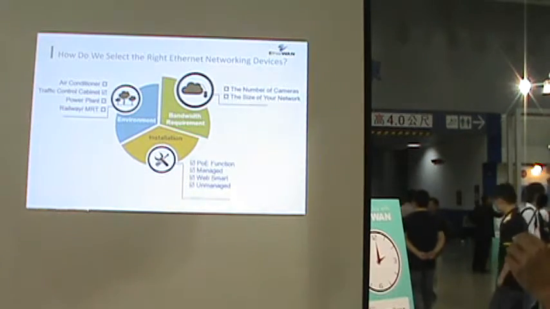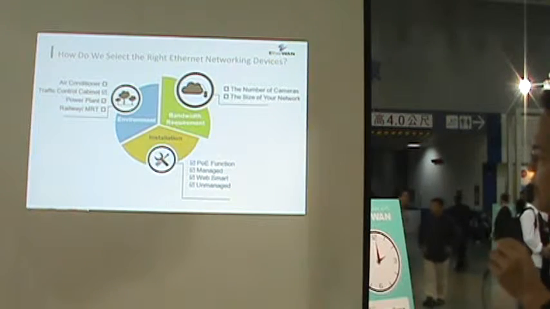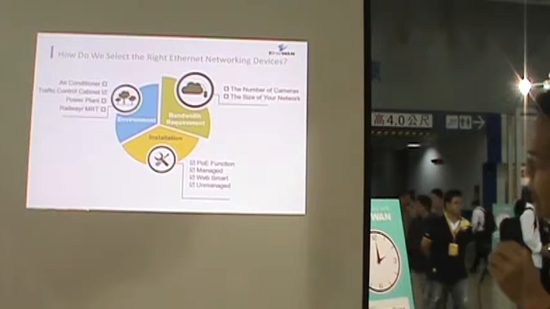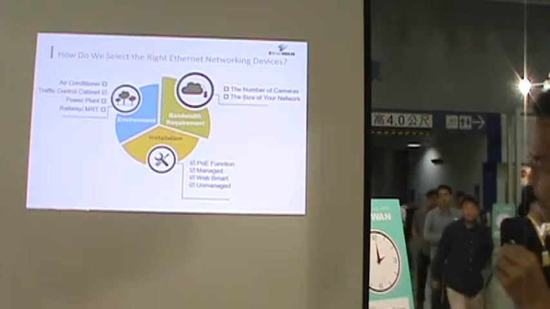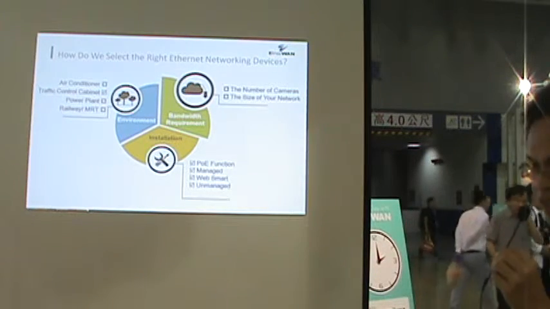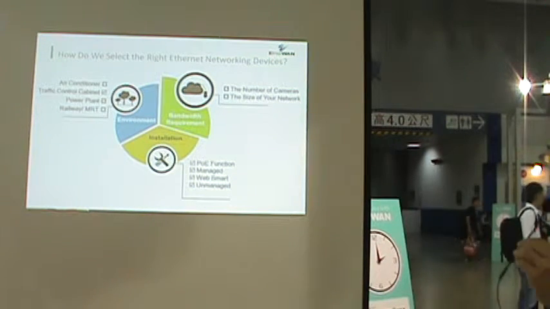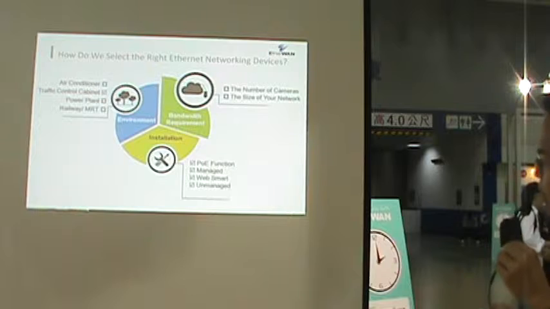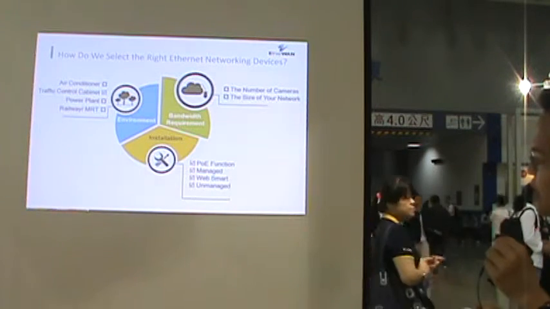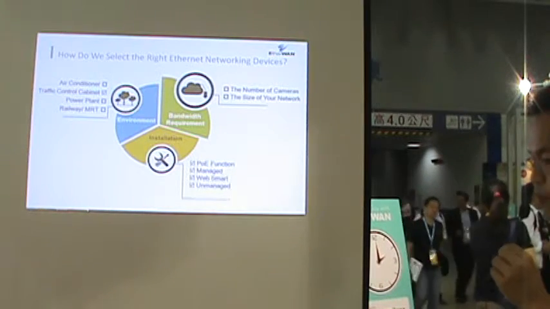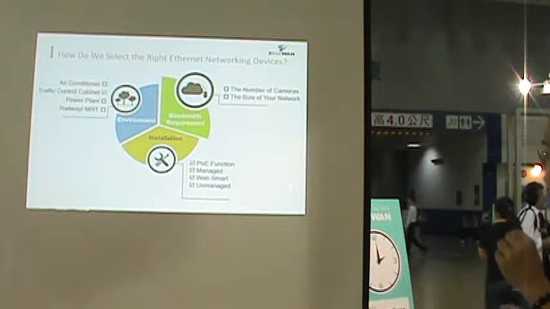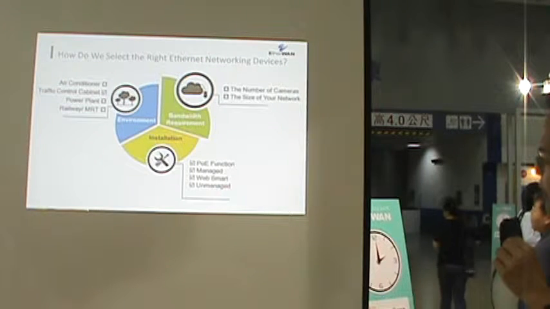As for the installation, we have to think about whether it's PoE based or non-PoE. Even though it's a PoE switch, we can also shut down the PoE, so there's no difference if you think PoE is not necessary. Now, for these three types: managed, web smart, and unmanaged.